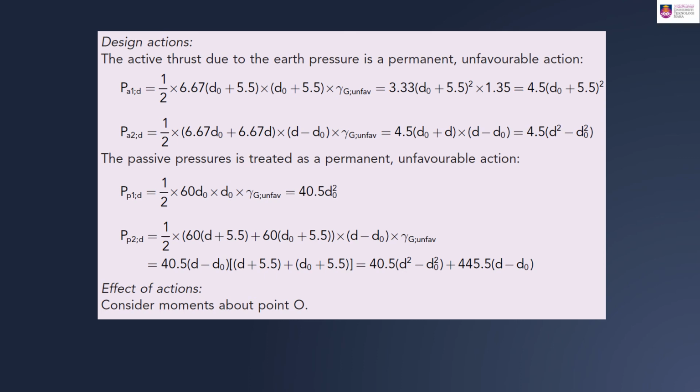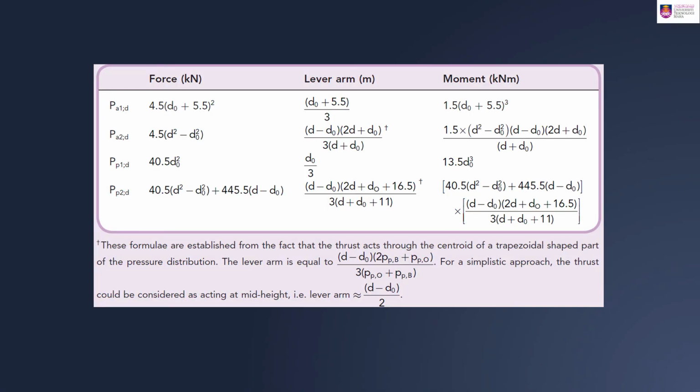The passive pressure is treated as a permanent action. So for the passive one we have 40.5 d naught squared and passive thrust 2 as shown in this formula. And then for the effect of actions, consider the moment about point O, and the force, lever arm and moment as shown in this table.